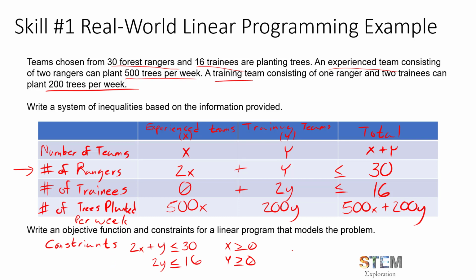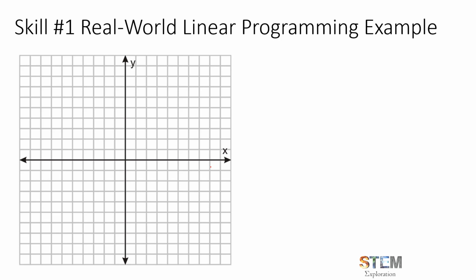Now, if you want to create an objective function for this, I would use t to represent the number of trees, and I would say 500 trees for every experienced team and 200 trees for every training team. All right, and so this gives us some really useful information right from the get-go that we can go and start graphing out some of this information. So let's plot some of this out.